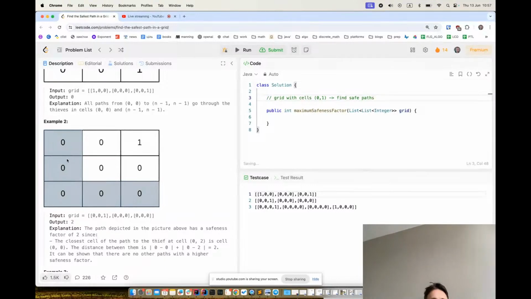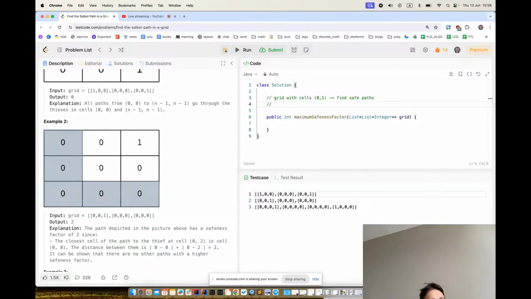So here we can see that we have this path, this path, this path, so a lot of different paths. To calculate these paths, we can use a BFS function.